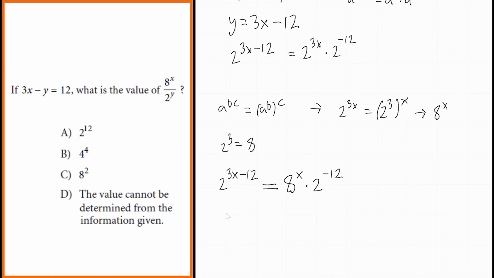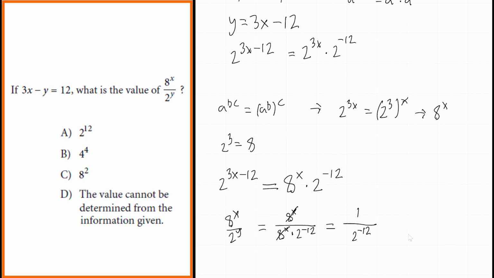And this is incredibly convenient because what this means is that the original value we were looking for, which is 8 to the x over 2 to the y, is the same thing as 8 to the x over 8 to the x times 2 to the negative 12. And now it's easy to see that this 8 to the x in the numerator can cancel with this 8 to the x in the denominator, and this will leave us with 1 over 2 to the negative 12.